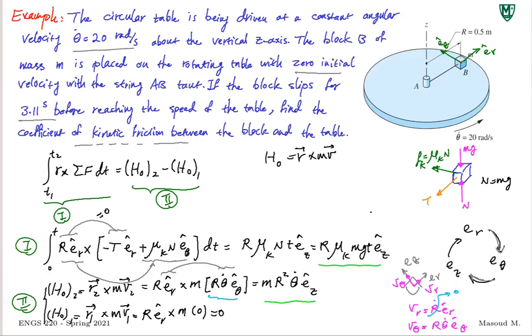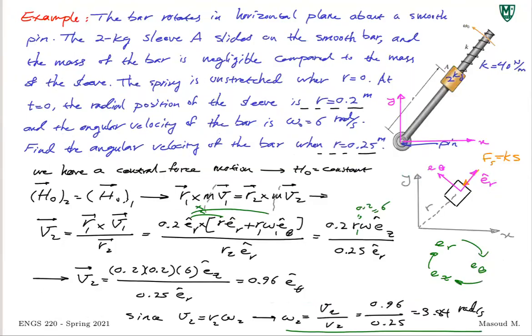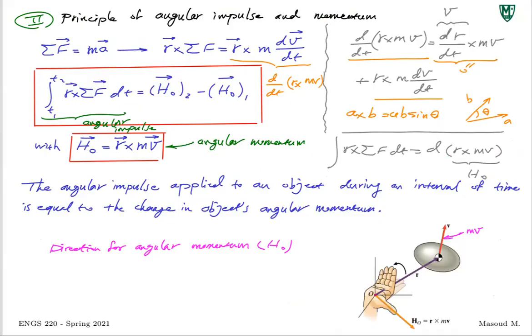So this was an example of how to implement the complete equation for, we should probably be a little more careful and use vector sign here. You know, these are all vectors, even if I don't put them there. How to use the complete expression for the principle of angular impulse and momentum. We used the complete equation.